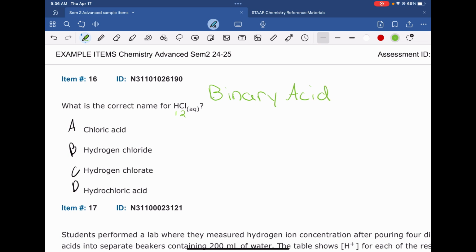Okay, and the steps for naming a binary acid are as follows. The first step is to start using your prefix hydro. Step number 2 is to use the first syllable of the second element.